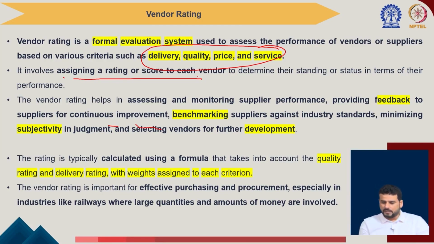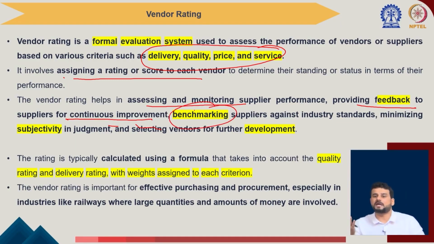Okay. So obviously when you are monitoring and assessing vendor performance, one point is feedback to the supplier, which will help them to continuously improve or benchmark their practices with the best available practices in the industry, right. So this will also minimize subjectivity in judgment. It means you will take a more informed decision on whom you should pick as the first priority, maybe on quality, maybe on price, maybe whatever.